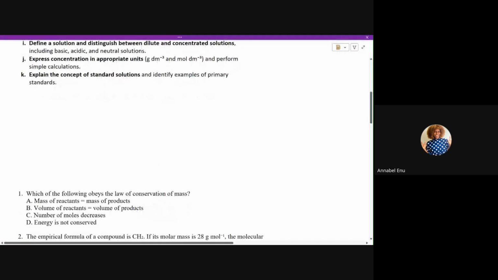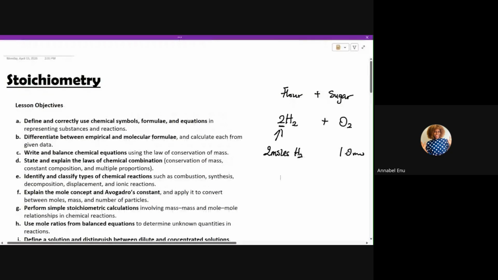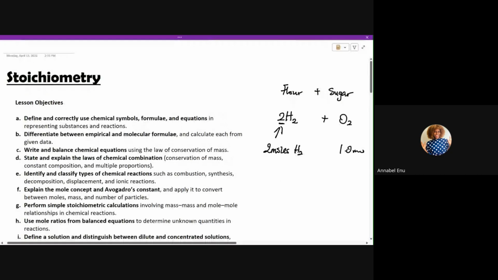I intend that this class will do more of examples, because when we talk about stoichiometry, you would hardly see exam questions that are all about define this, define that. The highest thing that could happen is you being asked to state the law of conservation of mass, or of constant proportion, or of multiple proportion.